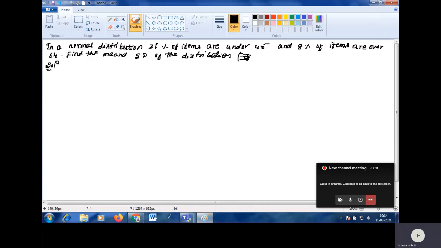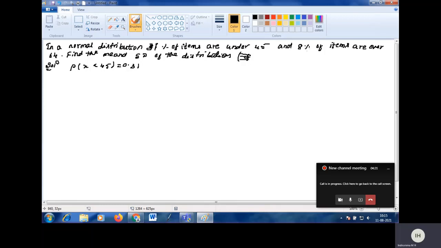In a normal distribution, 31% of the items are under 45. So they are given that the probability of x less than 45 is 31%, which means 0.31.